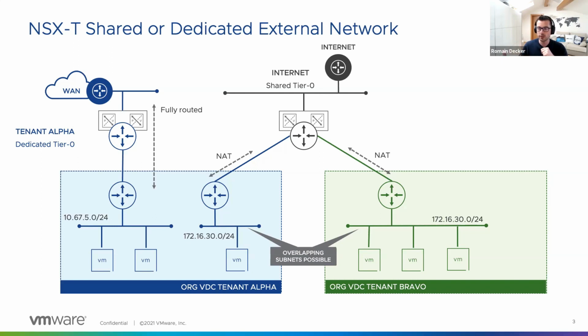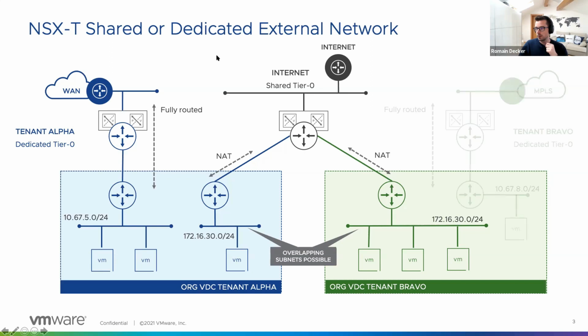Using a dedicated T0, you can now access your org VDC networks directly using layer 3, routing. You don't have to use NAT. That's useful if you want to access MPLS or co-located networks, or physical workloads hosted in the rack next to your workloads or in the same data centers, without using NAT.